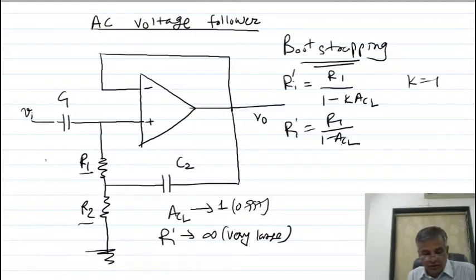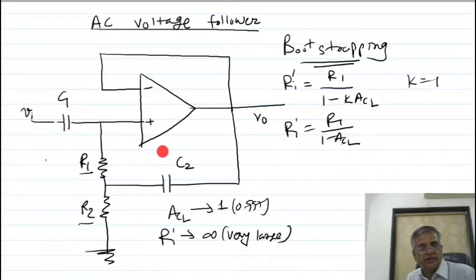So for such a circuit, its input resistance is very large and output resistance is very low. As a result, this is used as an impedance matching device.